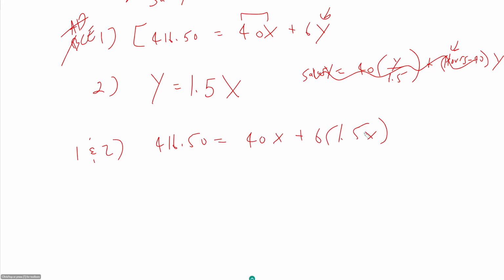And I don't need to solve this because it's data sufficiency, but I can definitely find X. And once I get X, I can just plug it in to get Y. So this should be sufficient. C is the answer.